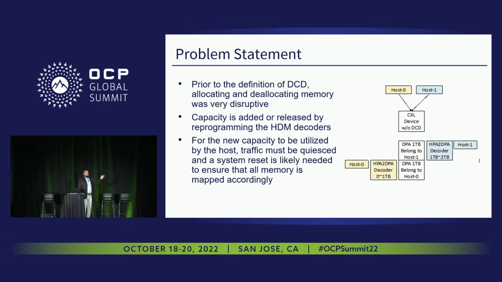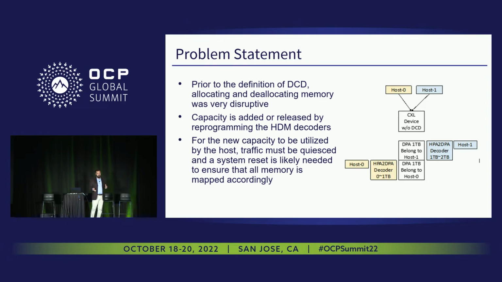So prior to the definition of the DCD framework, we used HDM decoders to map host physical address space to device physical address space. So you have a CXL Type 3 memory device. It has some media attached to it. There's a physical address space associated with that.